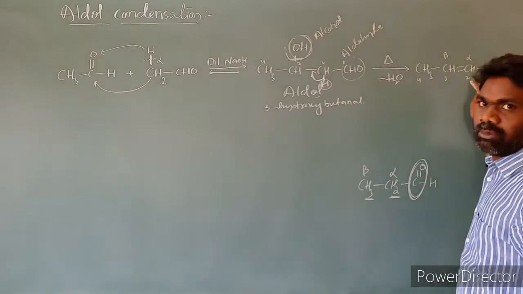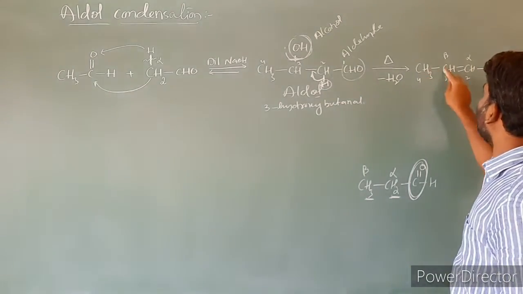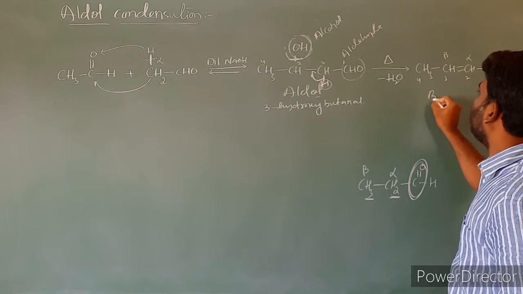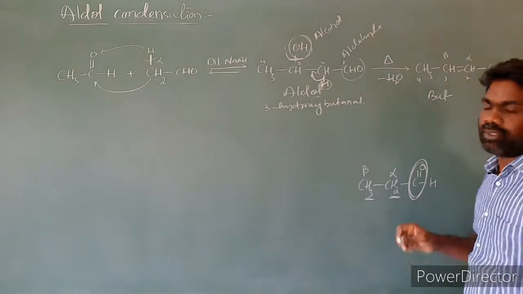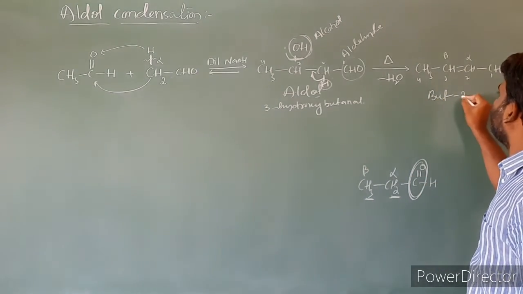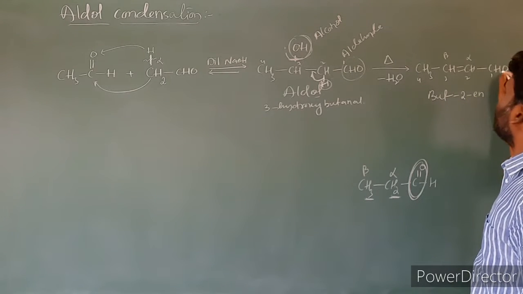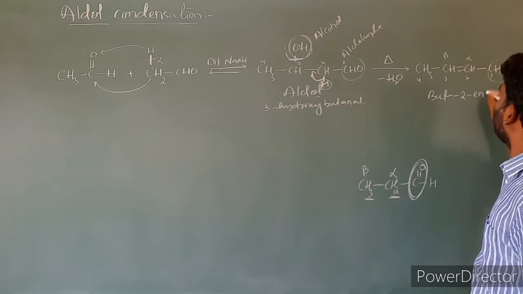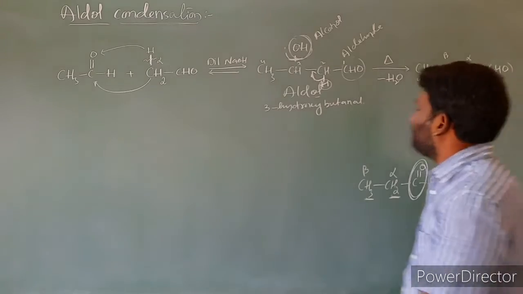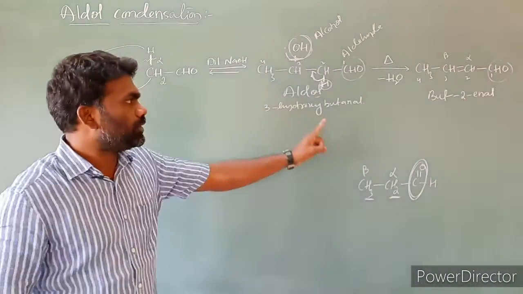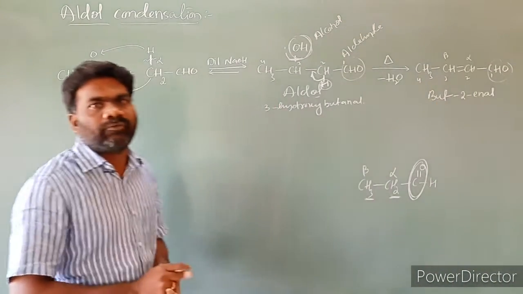At the second position a double bond is there, and there are 4 carbons, so we write it as but. At the second position a double bond, with the aldehyde functional group. The name of this compound is but-2-enal. This is the product formed in this reaction.